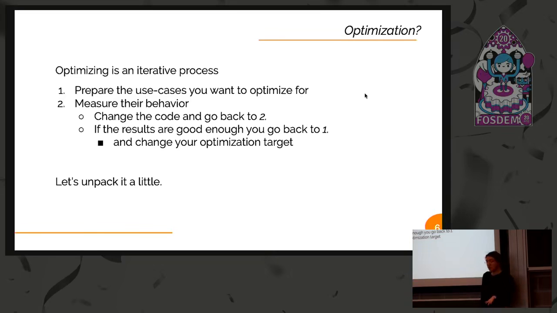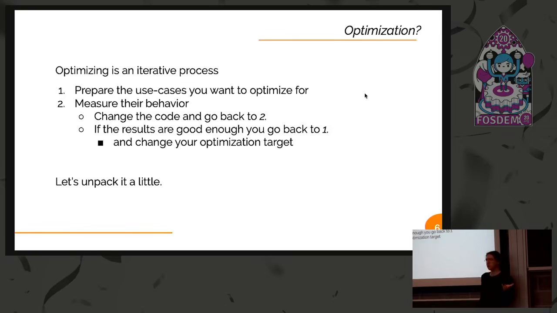And once you do that, you can pick what you want to change, and you change it. Are the results good enough? Okay, you move to the next target. You are not happy yet with the result, measure again.